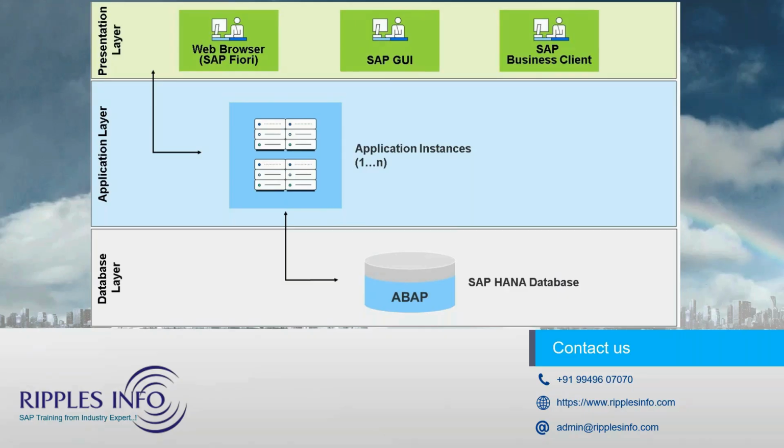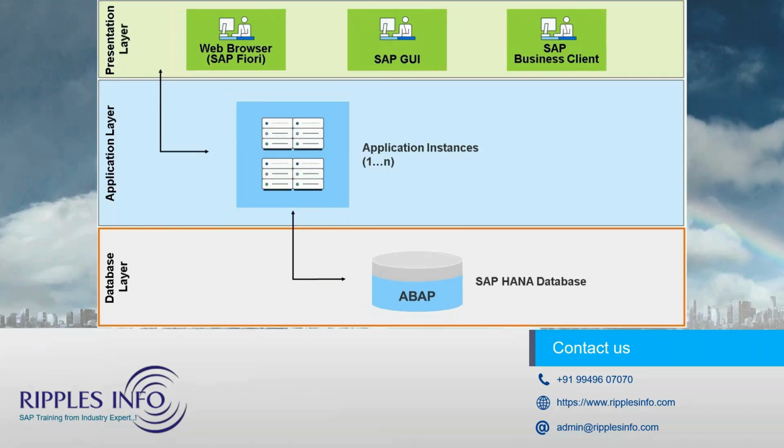Now, if you look at the components of this three-tier architecture for SAP S/4HANA, as you can see, the database layer is right at the bottom. First, have a look at that. This database layer provides the data storage and additional application functionality also.